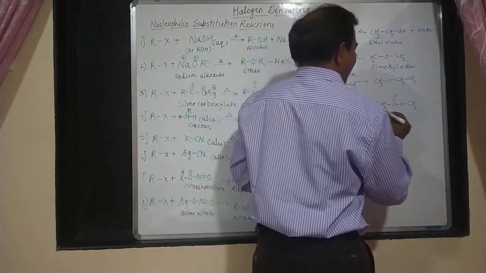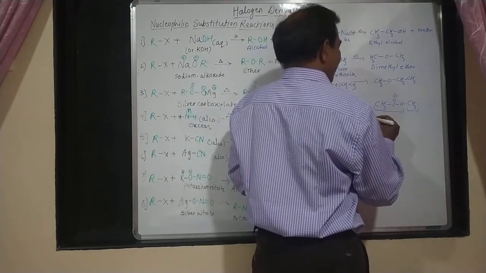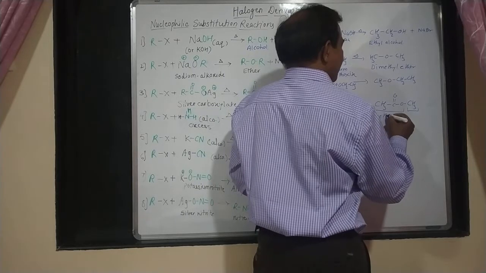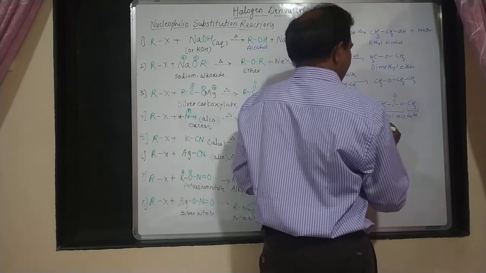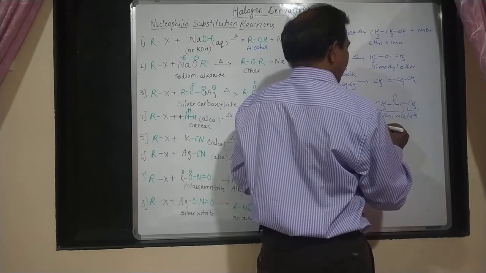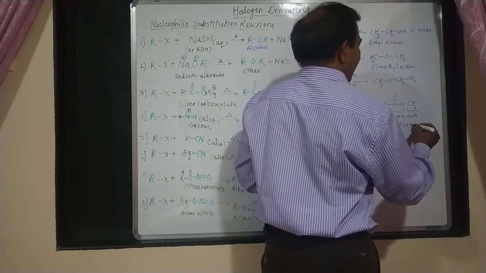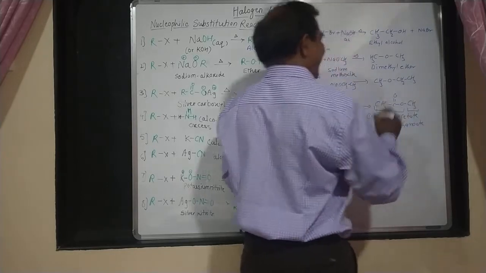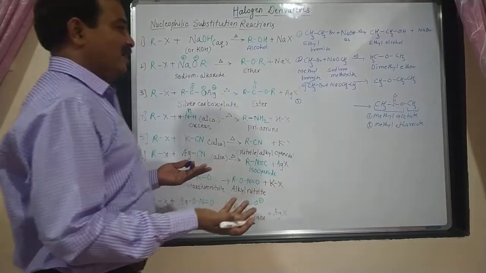This is the part from acetic acid and this is an alkyl group. So the common name of this compound is methyl acetate, and the IUPAC name is methyl ethanoate.